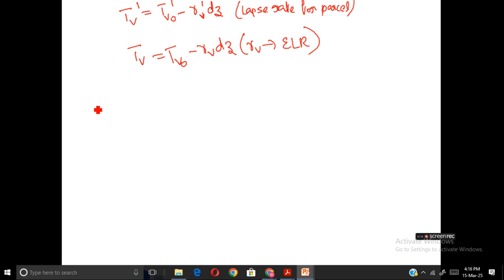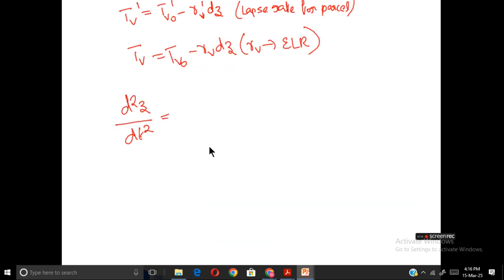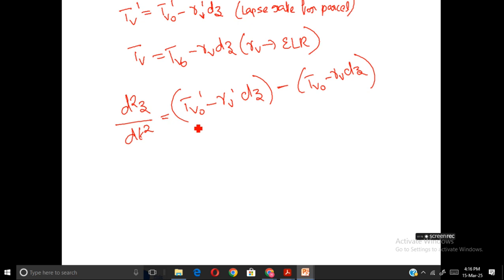Now if we substitute this into the equation that we got for d square z by dt square in terms of temperature, we can write d square z by dt square is equal to TV dash minus TV, divided by TV, into g. So TV dash is basically TV0 dash minus gamma V dash into dz, minus TV. TV is TV0 minus gamma V into dz.